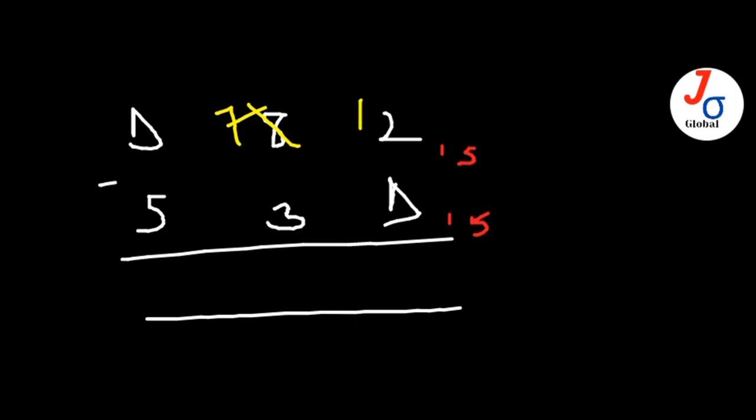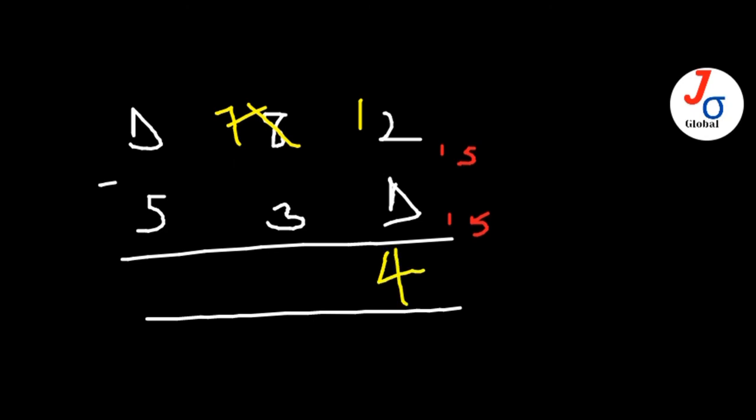I told you that when you borrow 1 and you add it to a digit, the 1 you're borrowing has the value of the base. In this case, the base is actually 15. So that 1 there is 15. 15 plus 2 is 17. 17 minus D, where D is 13, is 4.